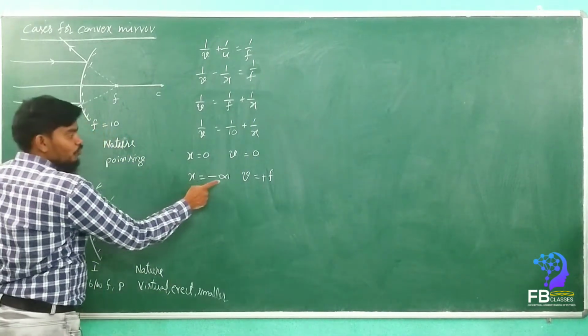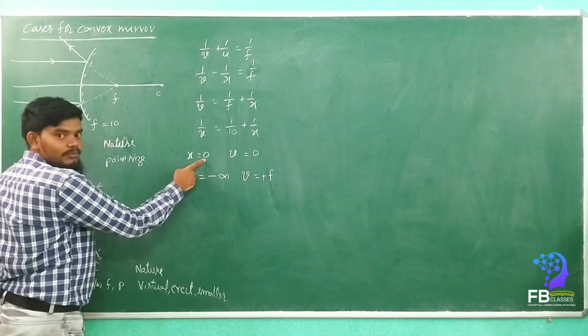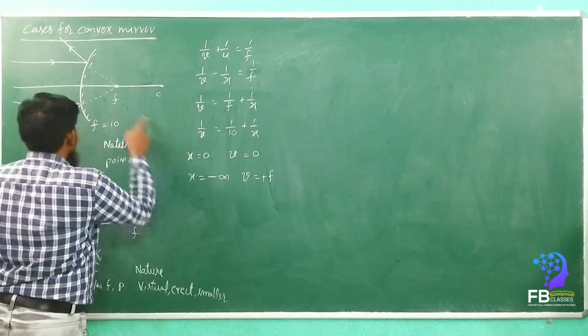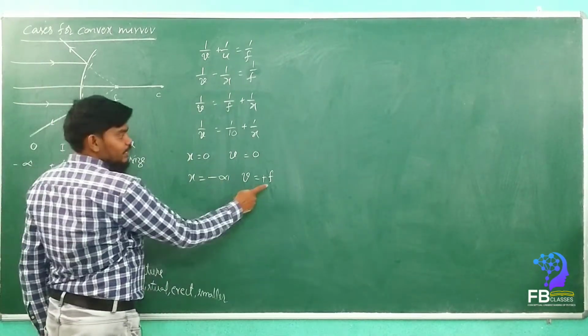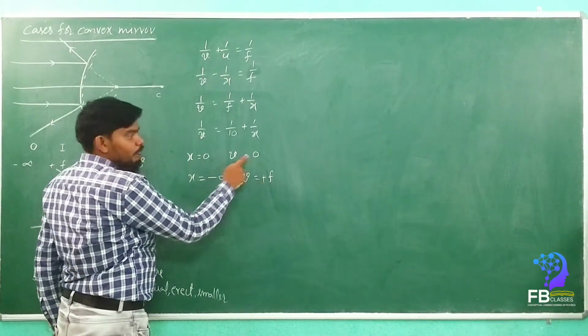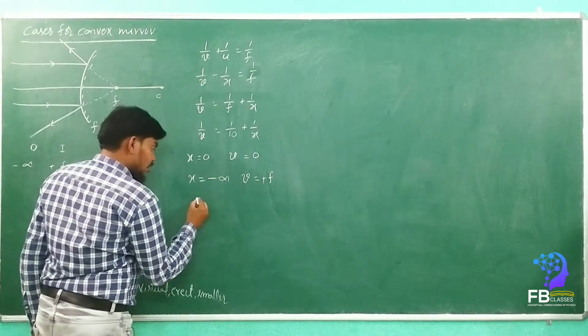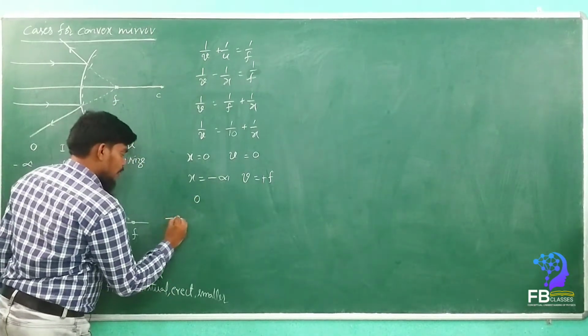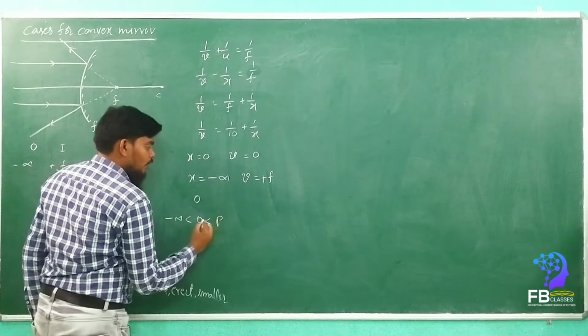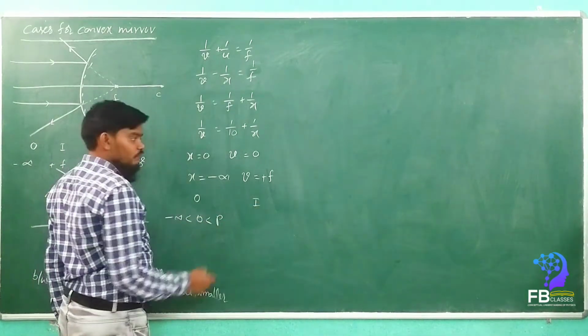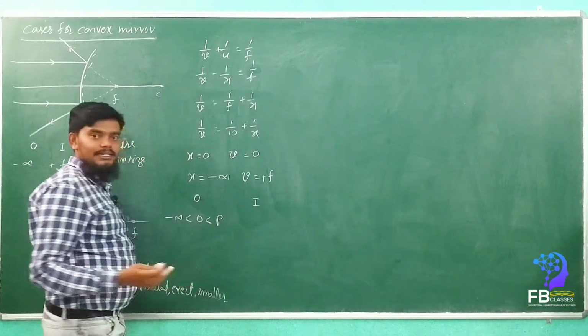When the object is moved from infinity to pole, the image moves from F to pole. Yes or no? When the object is moved from minus infinity to pole, the image will move from where to where, my dears? Tell me fast.